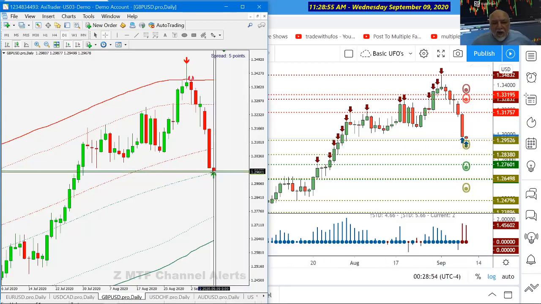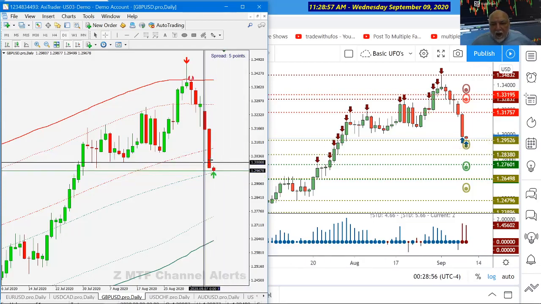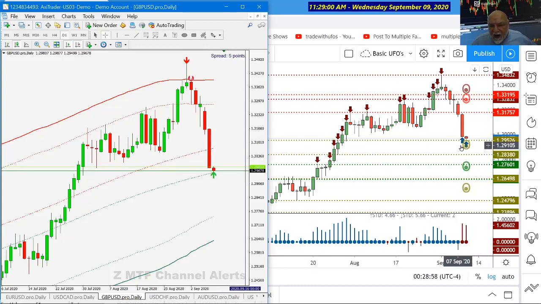Okay, so you can see here it's sitting right at the top of a buy zone, the UFO unfilled order buys here, and our target would be back up here. So we've got, looks like better than 1-to-1, obviously, depending on how things shake out.